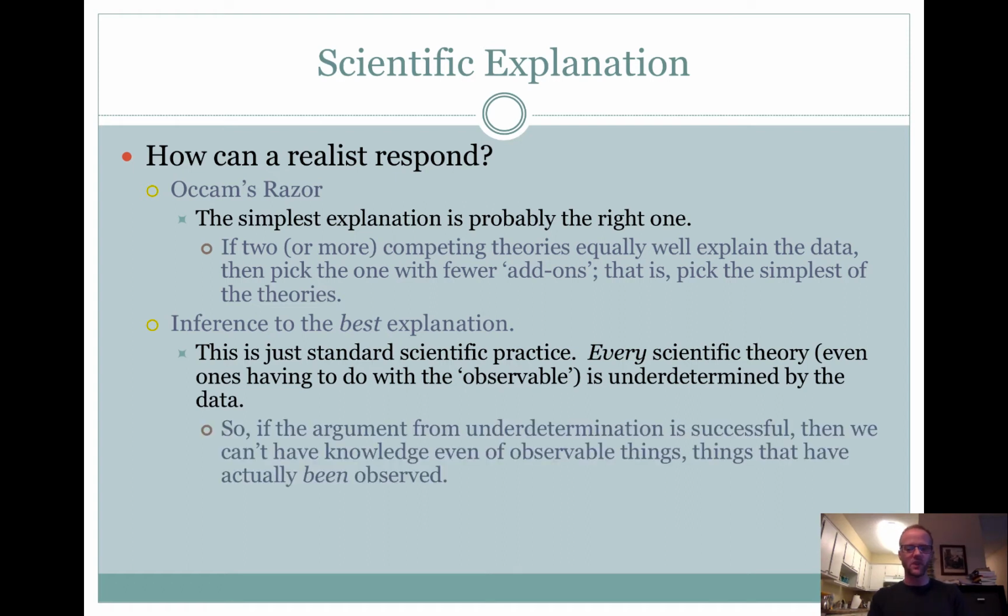So even if that argument from underdetermination is successful, we should see that that's not really a problem for science just as such, because if the argument from underdetermination is successful against science, it's successful against basically every other kind of knowledge that comes from observation.